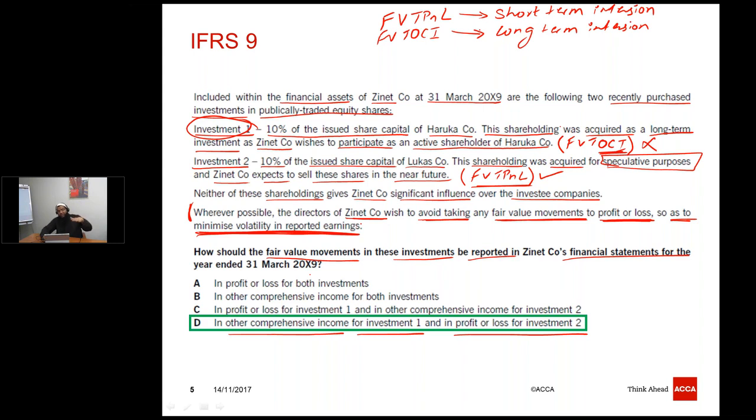So this is a type of manipulation, a type of creative accounting, that they don't want the movement to be taken to P&L. So that's why we are saying that investment 1 will be taken to OCI because it is long term, and investment 2 to P&L because it is short term.